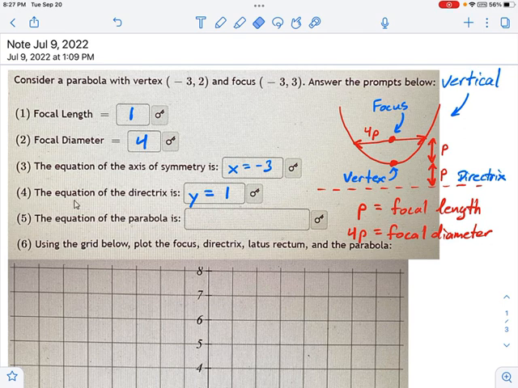Now it's time to talk about the equation of the parabola. This is a big summary piece here. If I'm going to write the equation of a vertical parabola, it's going to look like this: (x minus h) squared equals 4p, in other words, the focal diameter, times (y minus k).